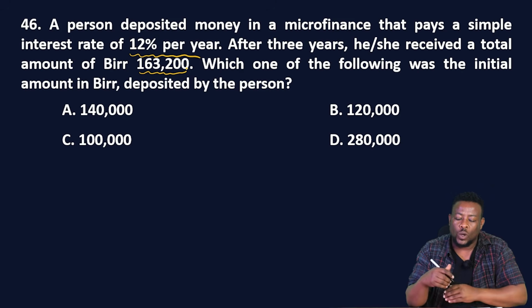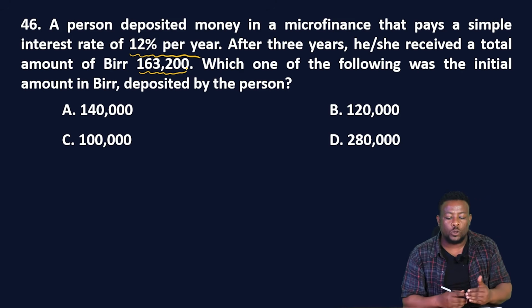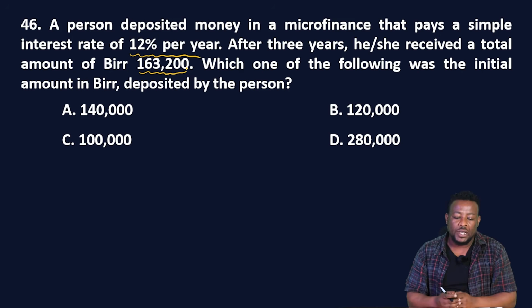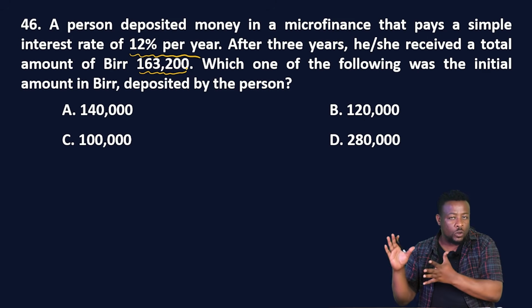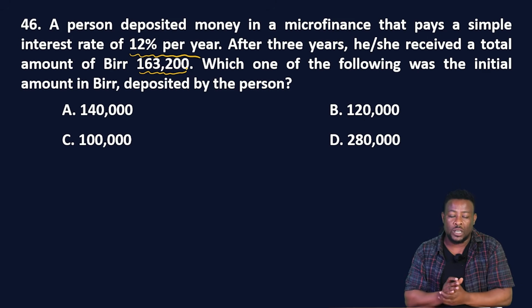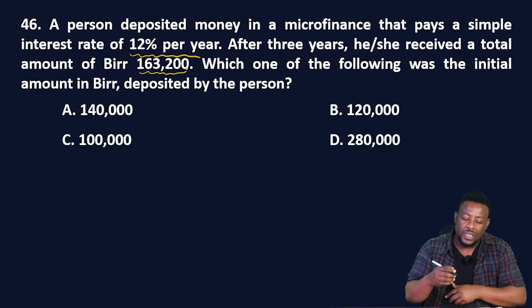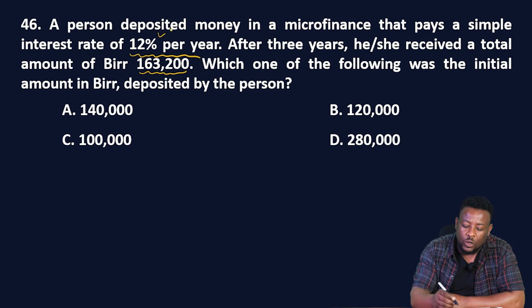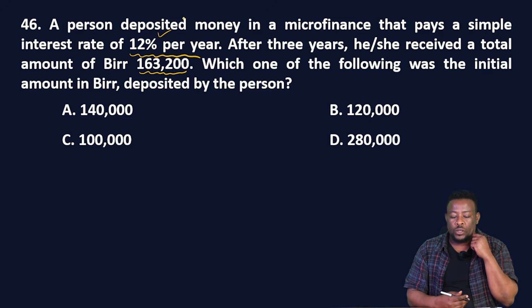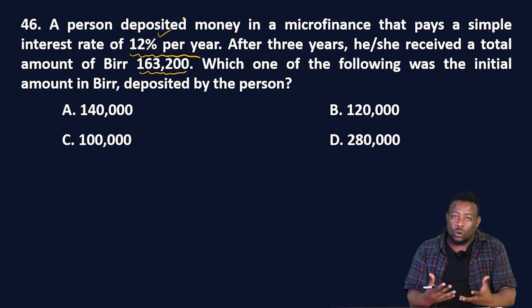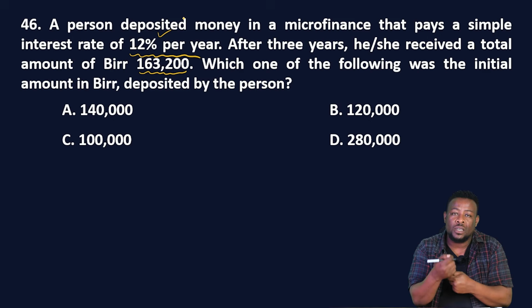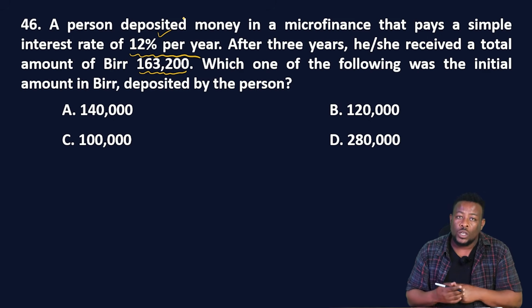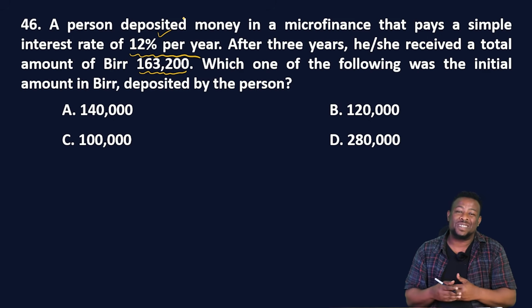Which one of the following was the initial amount in BIR deposited by the person? እንግዲህ እዚህ 46ኛው ጥያቄ ላይ የሆነ ሰው ገንዘብ ዲፖዚት አድርጓል። የሆነ ማይክሮ ፋይናንስ ውስጥ ገንዘቡን ዲፖዚት አድርጓል። ያንን ገንዘብ ዲፖዚት ሲያደርግ ኢንተረስት ሬቱ 12% ነው ተብሎ ተሰጥቶናል። ሶ after 3 years ያገኘው ገንዘብ ኢኒሻሊ ያስቀመጠው ገንዘብ ምን ያህል ነው የሚል ጥያቄ ነው የተጠየቅነው። ሶ we need to apply the formula for simple interest.